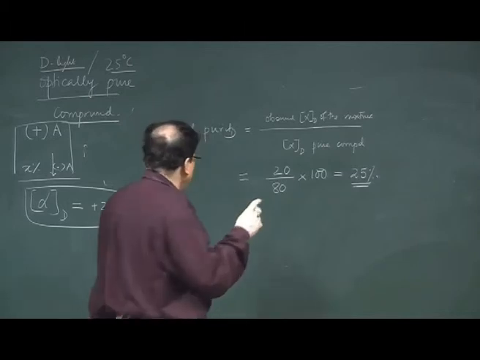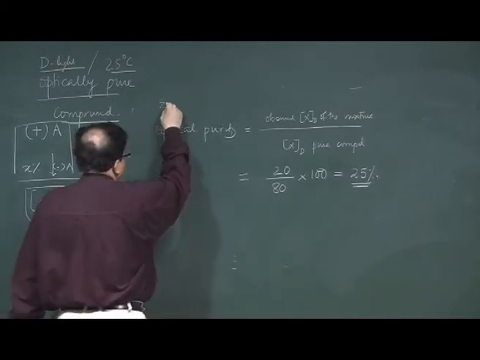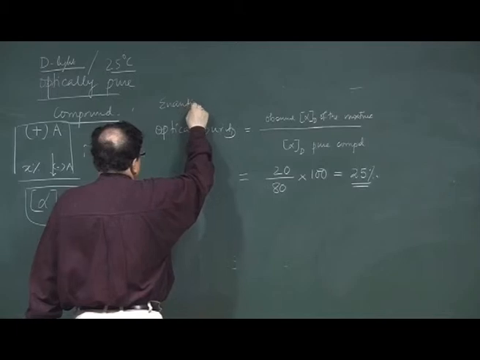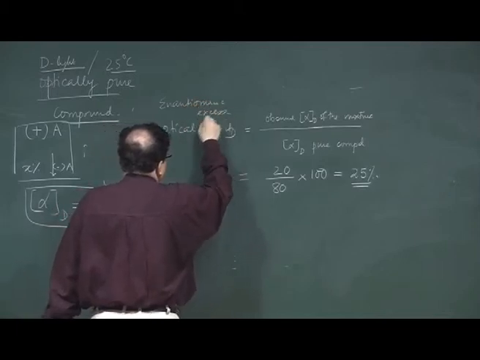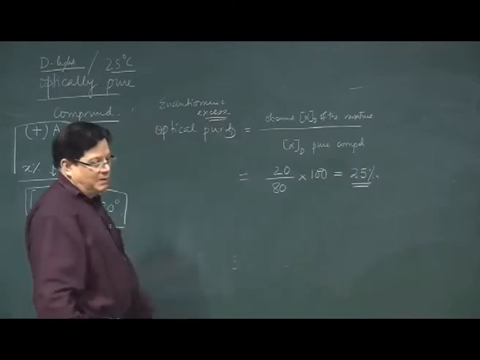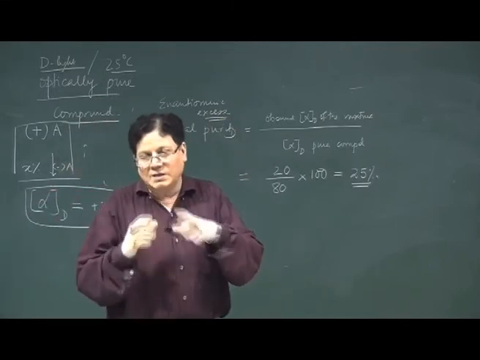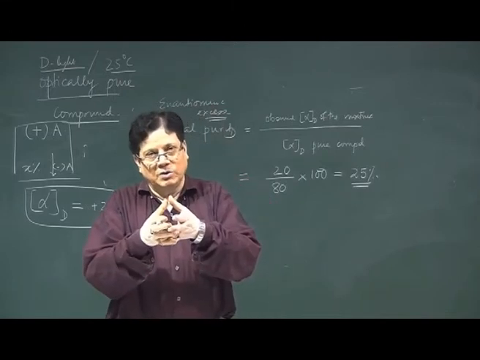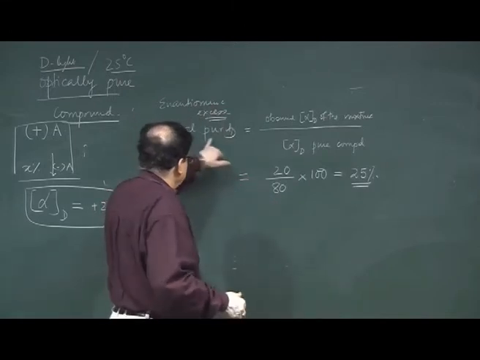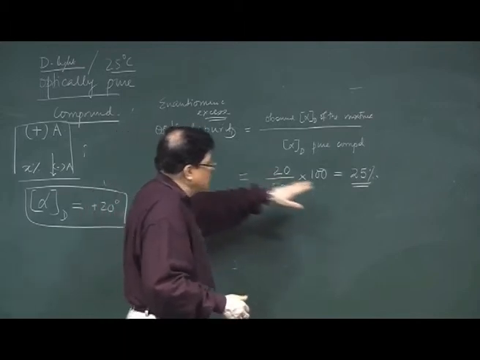That is also called the enantiomeric excess. Enantiomeric excess means, again I repeat, the excess amount that you have over the racemic amount. So, in this case optical purity or enantiomeric excess is 25%.